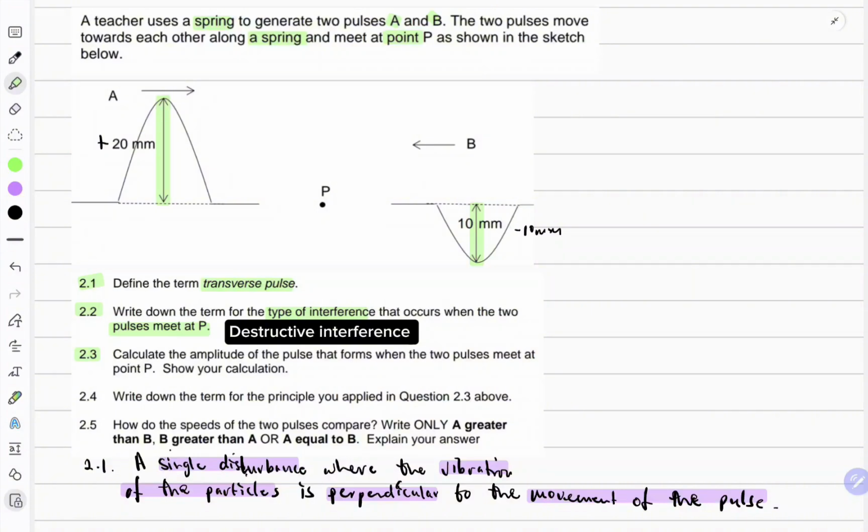So the next question says calculate the amplitude of the pulse that forms when the two pulses meet at point P. Show your calculations. So we saw earlier on that pulse A has an amplitude with a positive displacement, and pulse B is an amplitude with a negative displacement.